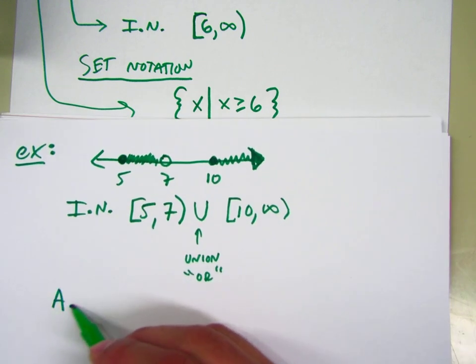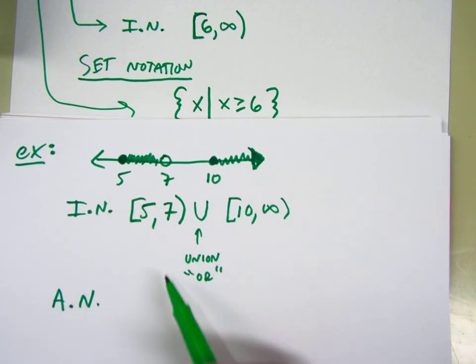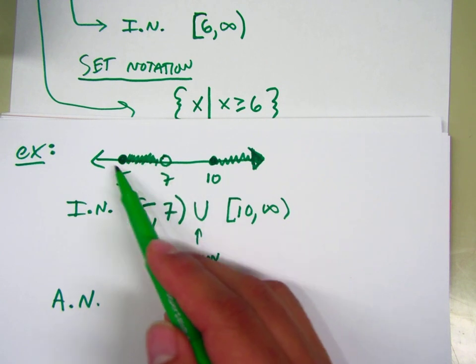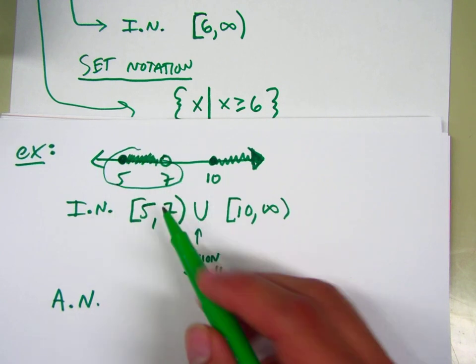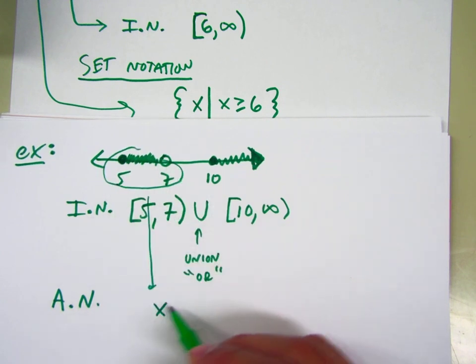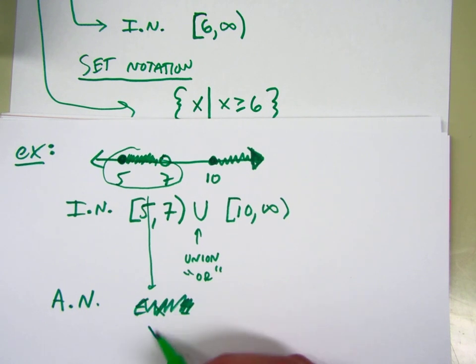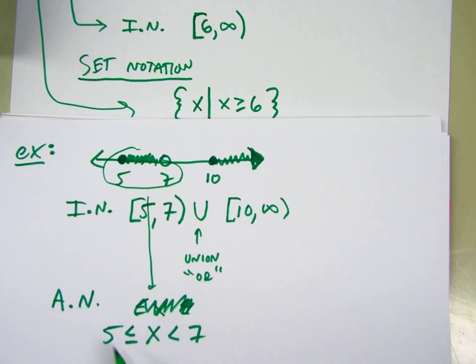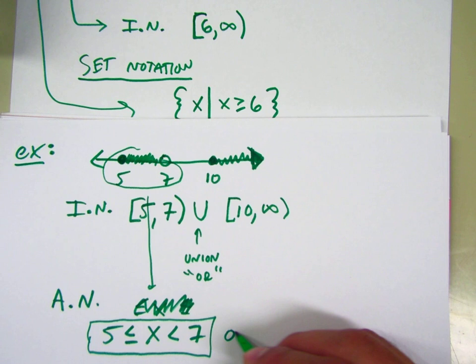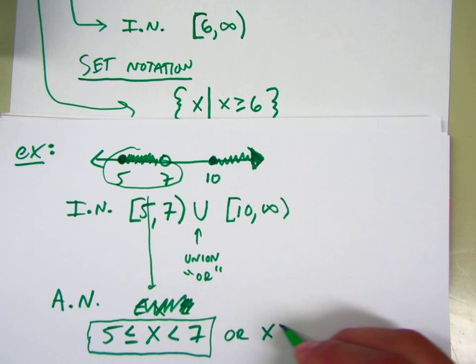For the algebraic notation, we would use a compound inequality here. So this translates to x is, let me rewrite that, x is less than 7, but also greater than or equal to 5. Hopefully you've seen that notation before. Or x is greater than or equal to 10.